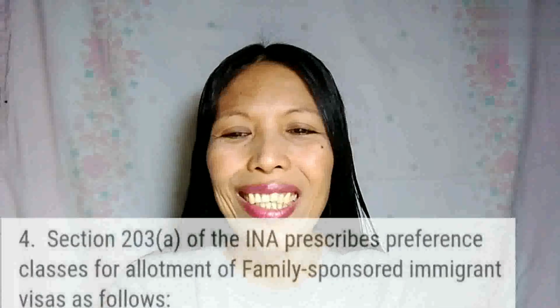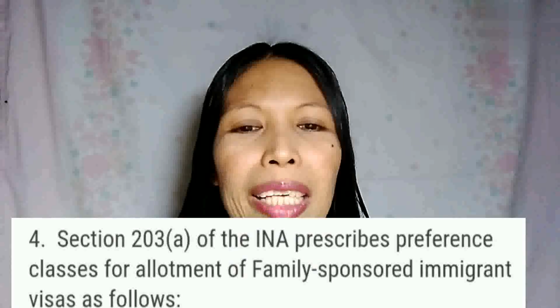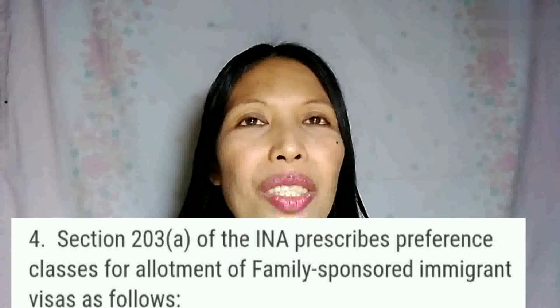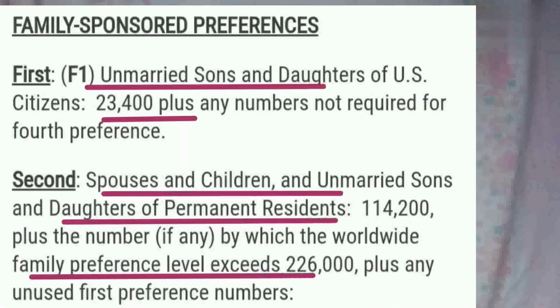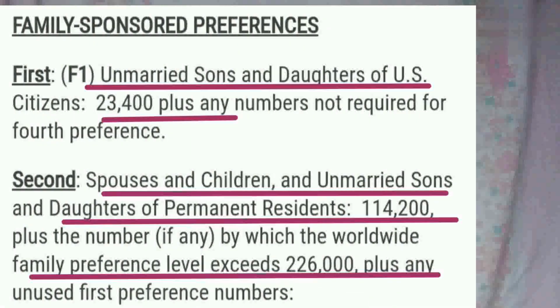Number 4. Section 203 of the INA prescribes preference classes for allotment of family-sponsored immigrant visas as follows. Family-sponsored preferences. First, F1, unmarried sons and daughters of U.S. citizens, 23,400 plus any numbers not required for fourth preference.